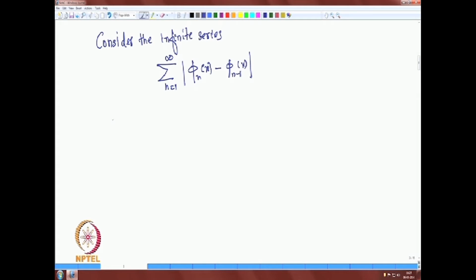Each term of the series is bounded by a positive constant, which we proved in part B. Each term phi n x minus phi n minus 1 x is less than or equal to M by alpha, which we proved in part B, times alpha h to the power n by n factorial.